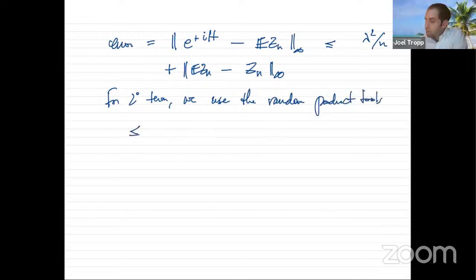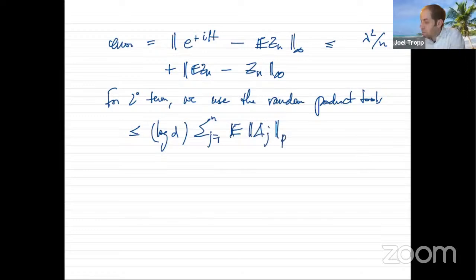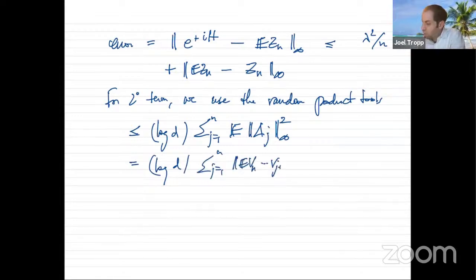So the second term is less than or equal to P, which is the log of the dimension of the matrix, times the sum from j equals 1 to n of the expectation of these deviations, this martingale sequence, which is the sum from j equals 1 to n of the expectation of V_n down to V_{j+1} times the expectation of V_j minus its mean.